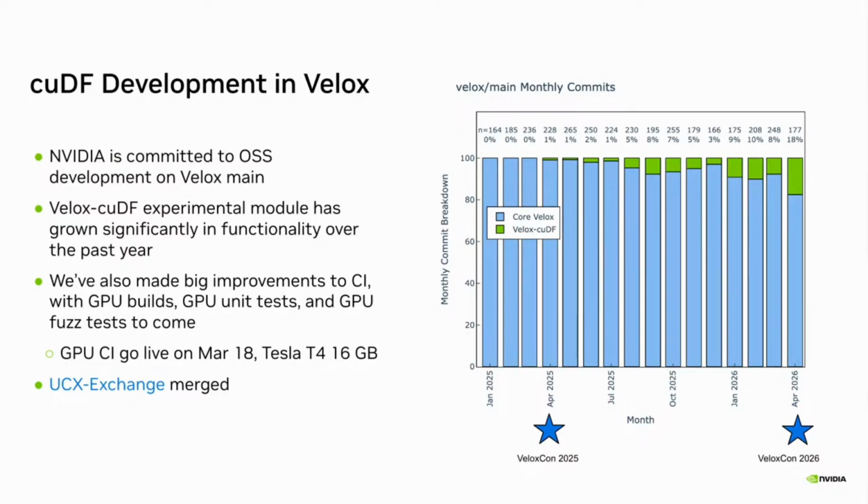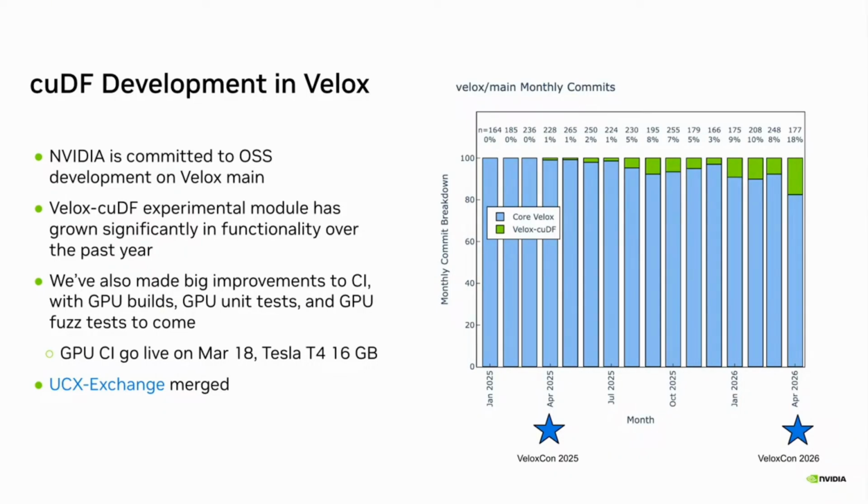And we have made big improvements in functionality in Velox cuDF. We have made huge improvements in Velox's CI infrastructure. We're enabling dedicated GPU builds and GPU unit tests, and fuzzer tests are coming. We have to give big thanks to our partners at Meta and IBM who made the continuous integration possible.